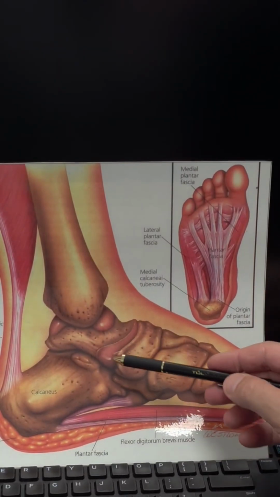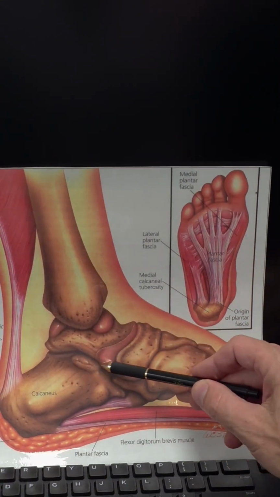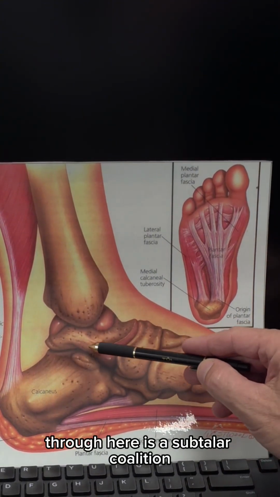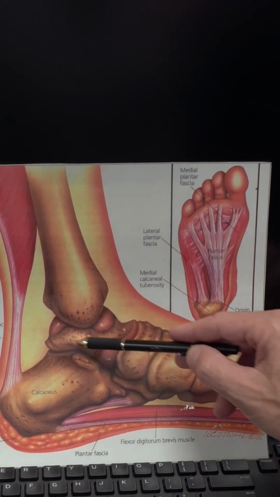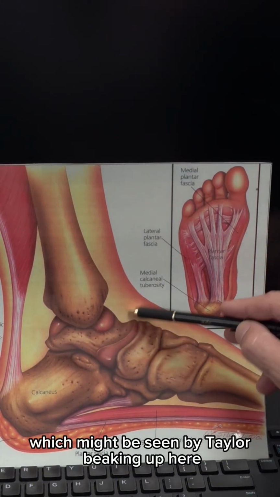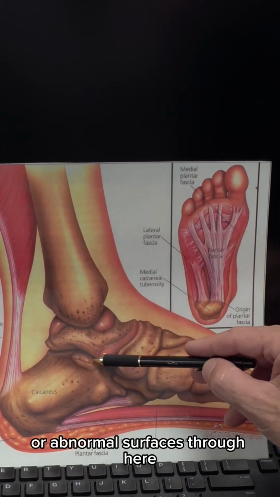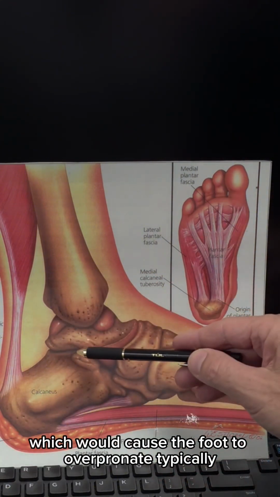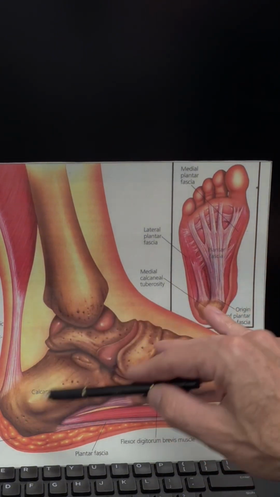One more aspect to look for on x-ray within the anatomy of the subtalar joint through here is a subtalar coalition. If there's any at-birth union between the subtalar joint, which might be seen by talar beaking up here, or abnormal surfaces through here, which would cause the foot to overpronate typically, and that may be a source of your rear foot pathology.